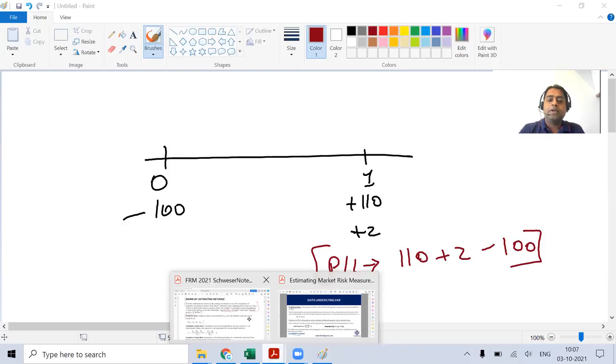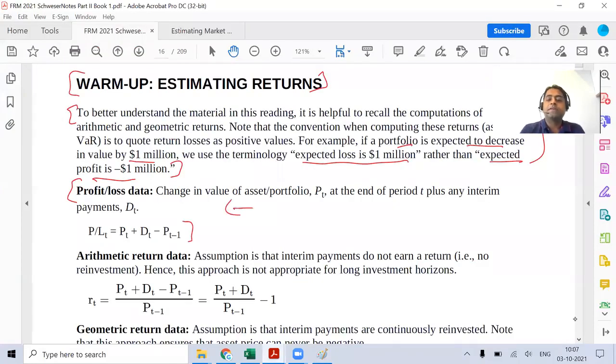If I take you towards the book, this section gives you that idea: 110 plus 2 minus 100. Kindly write it down next to the book that you have so that you remember that these terminologies are not very difficult.